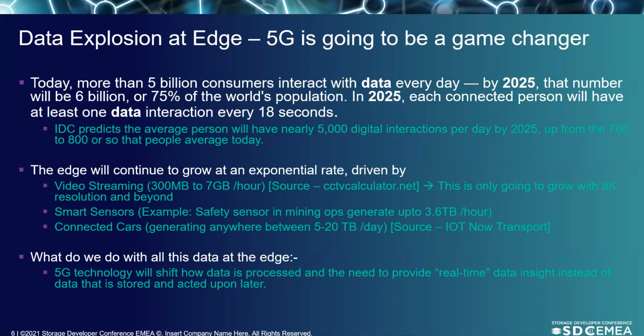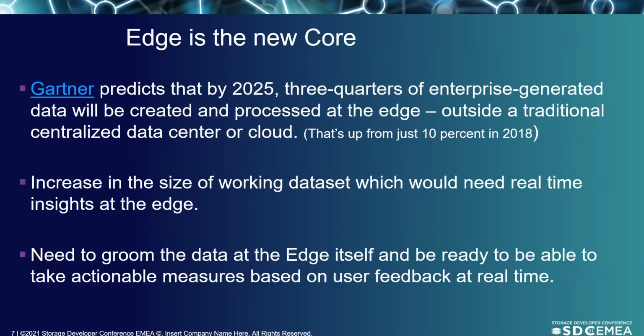I think the importance here is that we feel edge is going to become the new core. You need to left shift all of your core data processing capabilities to the edge itself, because what is guaranteed is that almost 75% of enterprise generated data would be created and processed at the edge.